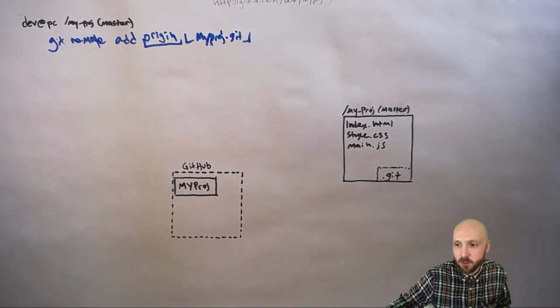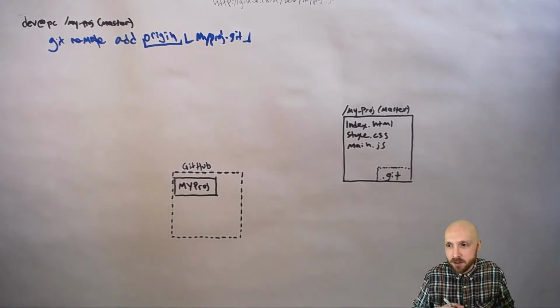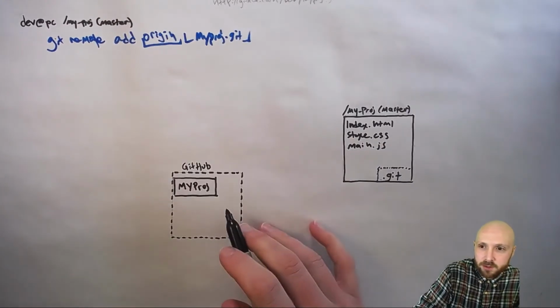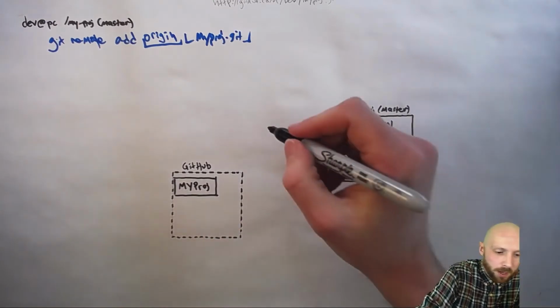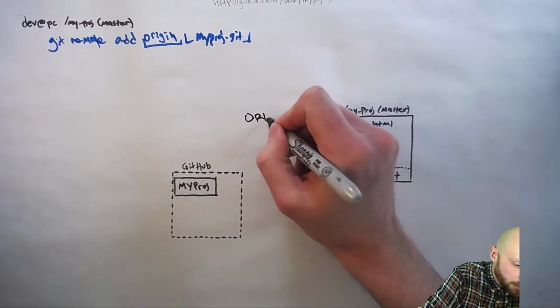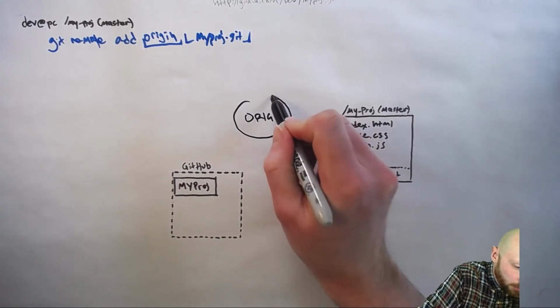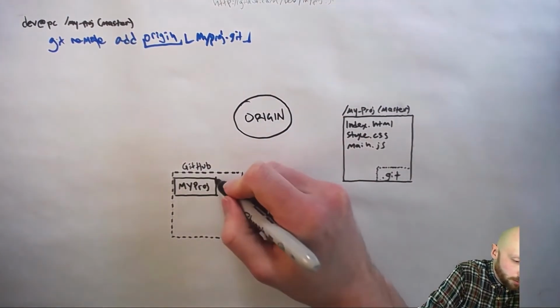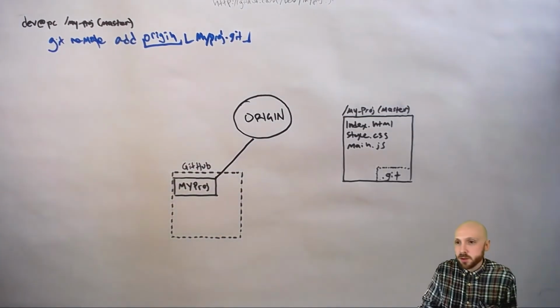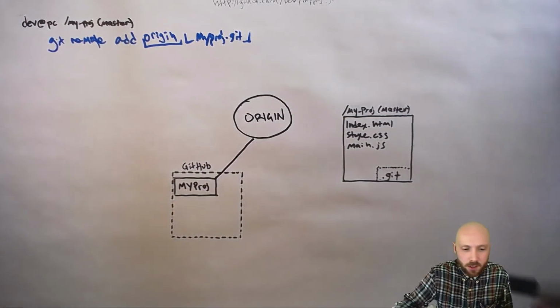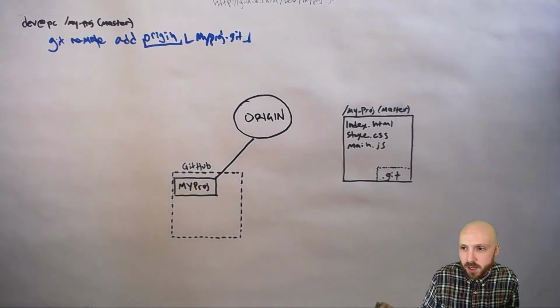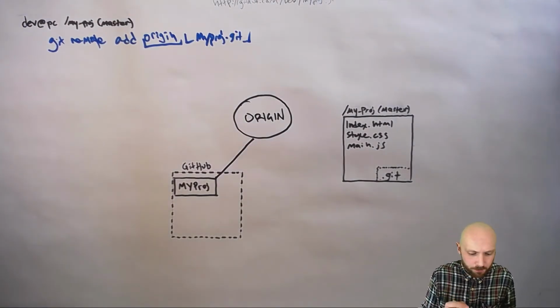So here, this is what it would look like. We now have a reference to this remote repo by way of origin. So we have basically a pointer to that repository over here. Now I can refer to origin and I will be able to access that repo, okay?